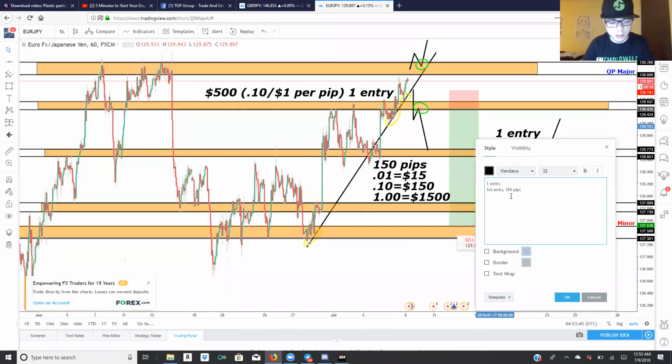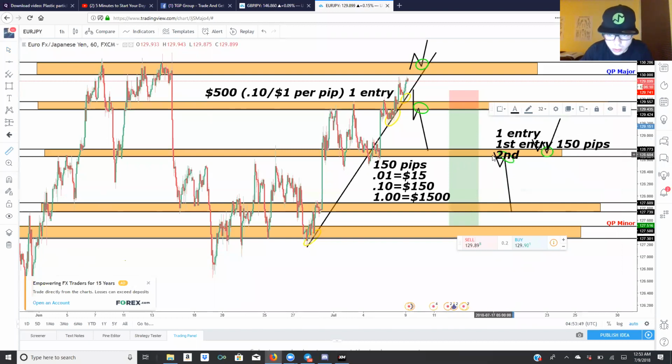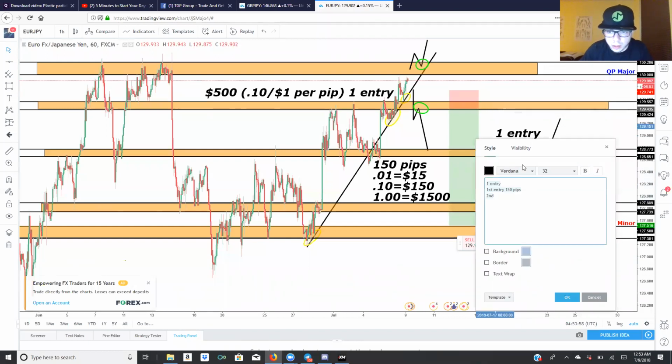Second entry was from here. Okay, we'll say we called our second entry right here. Got out at the same time, so it's another 70, 80 pips, right? So second entry, we'll say 70 pips, okay? Because we held our first one for the entire take profit, okay?